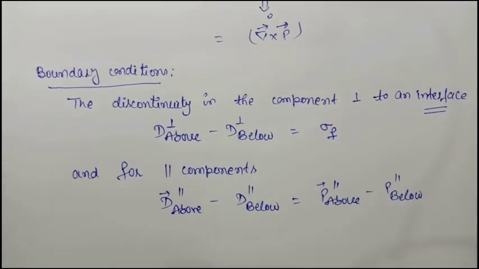So D here is the electric displacement vector and P is the polarization. So in this lecture we discussed Gauss law in the presence of dielectric, then we discussed the deceptive parallel, and then boundary condition. Okay, thank you.